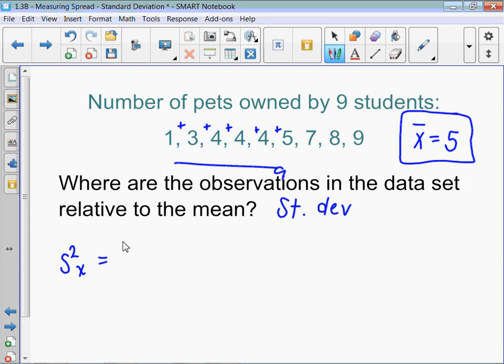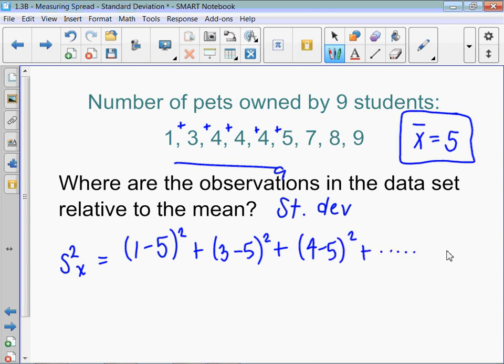And so we take the data point, number 1, and we subtract the mean, and we square it, plus the next data point minus the mean squared, plus the next data point minus the mean squared, and so on.